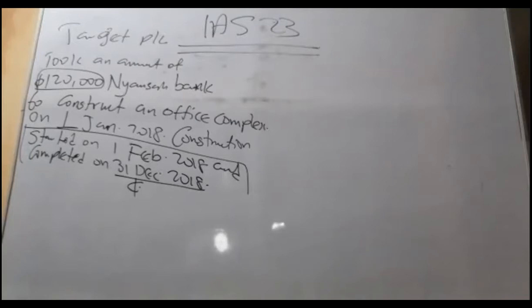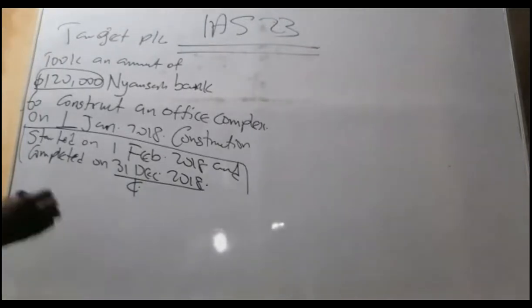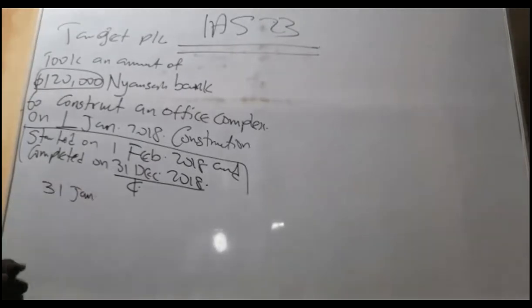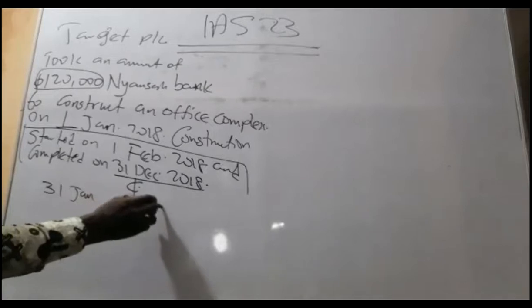Now on 31st January, we give the contractor an initial deposit of 20,000 to start the work.